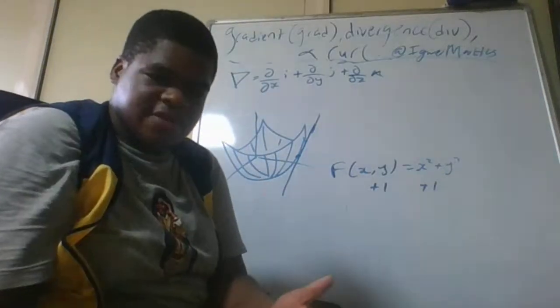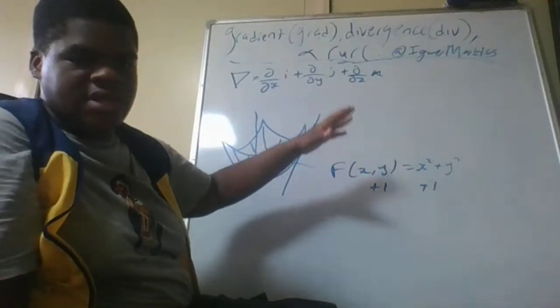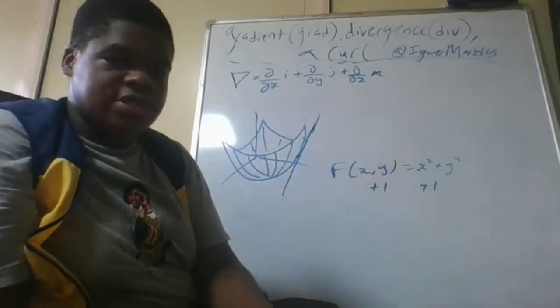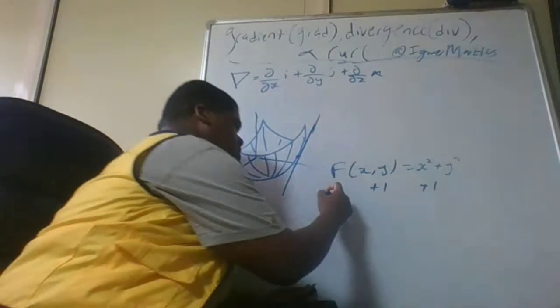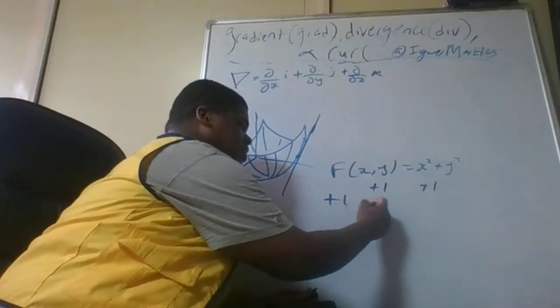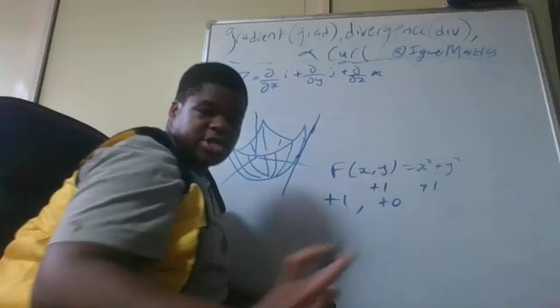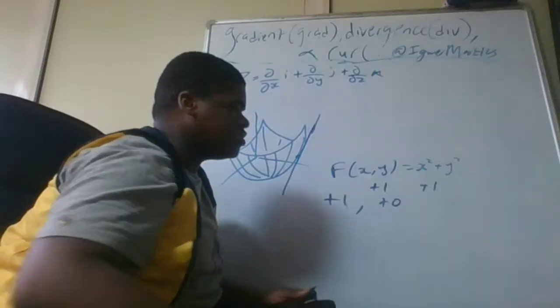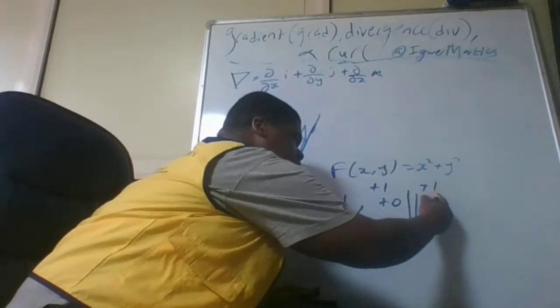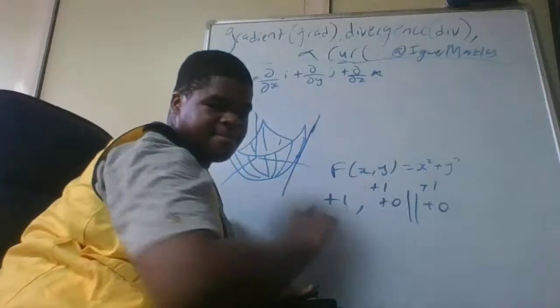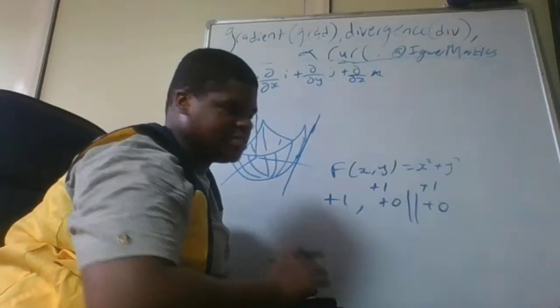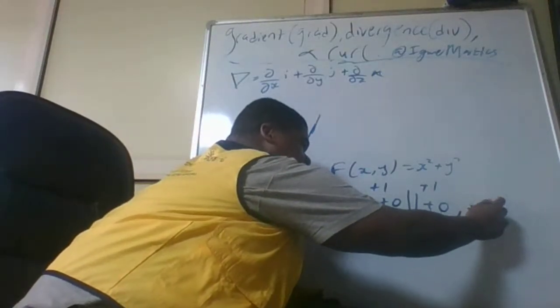Well, it's going to be complex for us to determine straightforwardly how f of x will change. But if you break it down, first you increase x by 1 unit, then y does not change. Then you increase x by 0 units, meaning x stays the same, and you increase y by 1 unit.